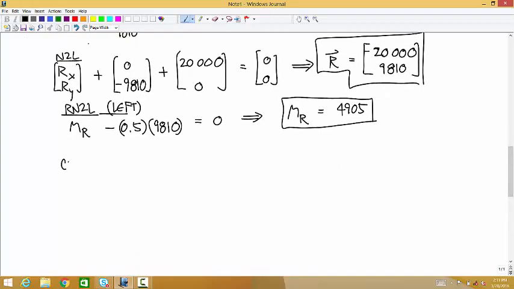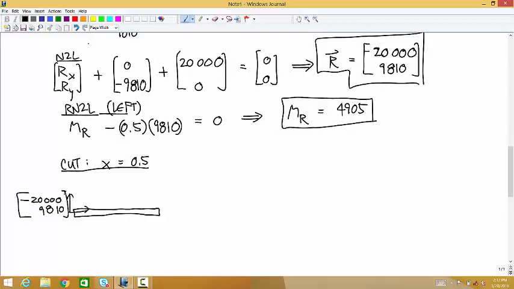Okay, so now we'll do the cut right at the midpoint, so x equals 0.5. There's no reason we have to calculate the functions. We can just calculate it at the point we care about. There's a reaction force over here of negative 20,000, positive 9810, and then there's a reaction couple of 4905.